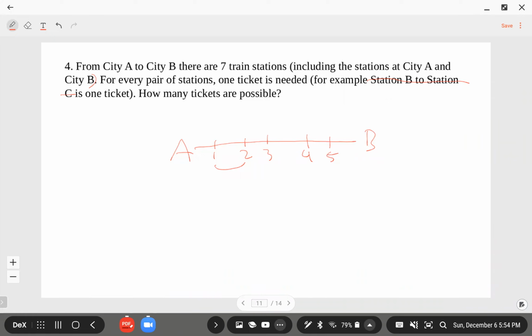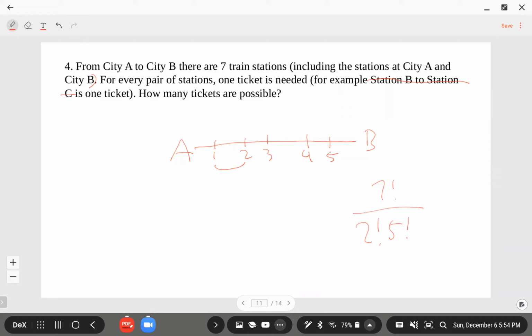And you have 7 train stations, and you want to pick out pairs of train stations. And what is that starting to look like? That is starting to look like 7 train stations, pick 2 train stations, and that is looking a lot like combinations, right?